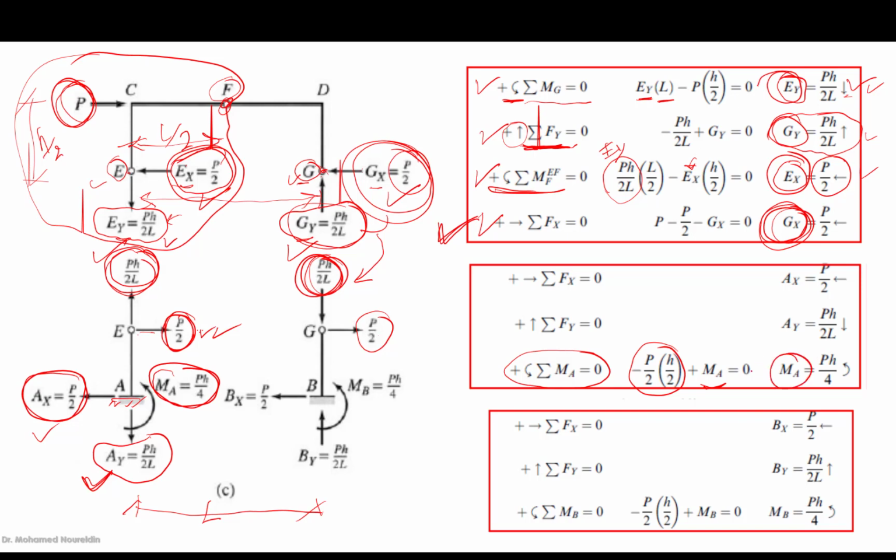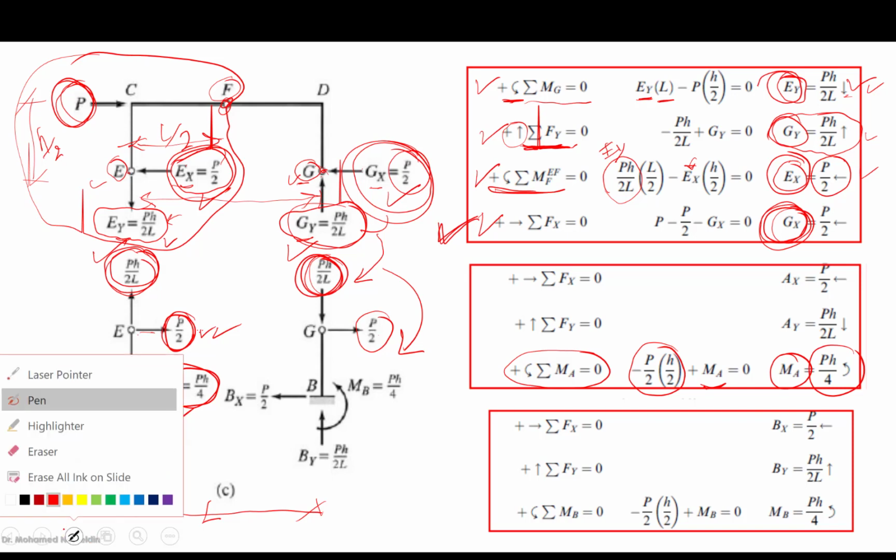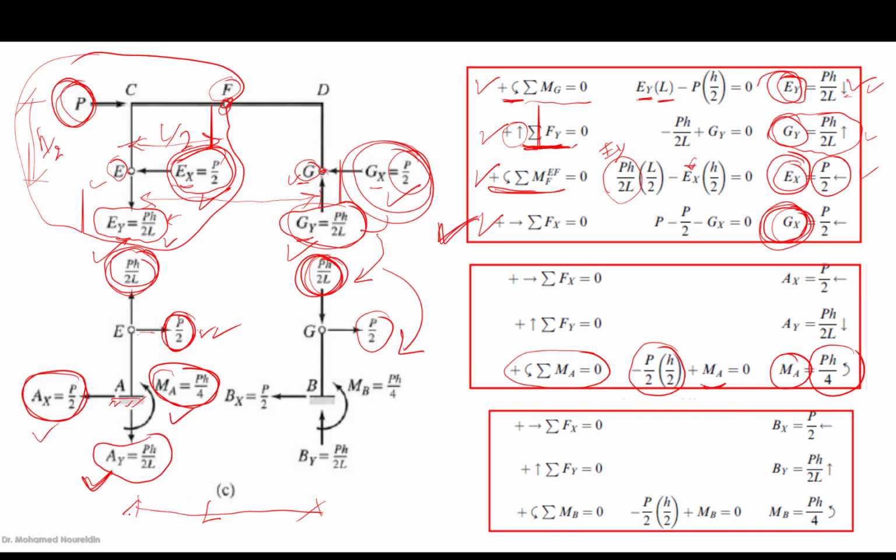From here we can get MA equals PH over 4. Similarly, we can apply the same procedure for the part GB. Okay? Then after that, we already know everything. We know all the reactions, horizontal reactions, vertical reaction, and moment at point A and also at point B.